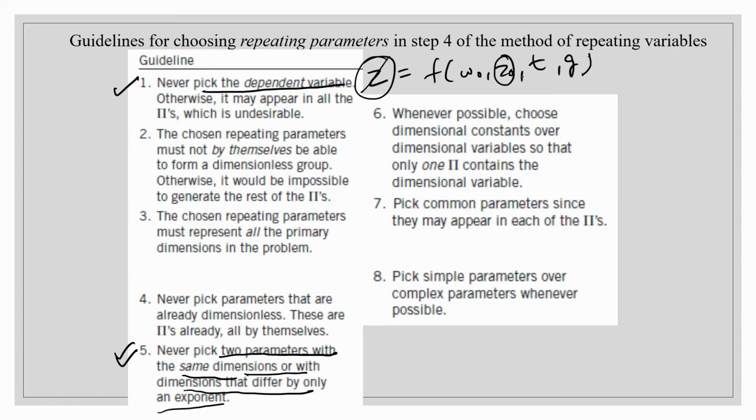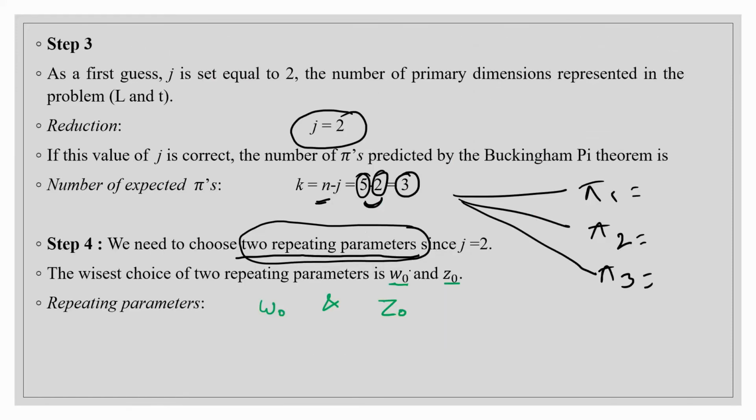So we cannot choose w naught and g together, because their dimensions vary only by an exponent. It is also important that the chosen repeating parameters must represent all the primary dimensions in the problem. If you read all these guidelines, you will see that the wisest choice for the repeating parameters will be w naught and z naught.